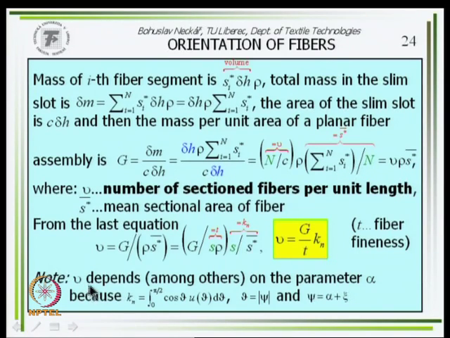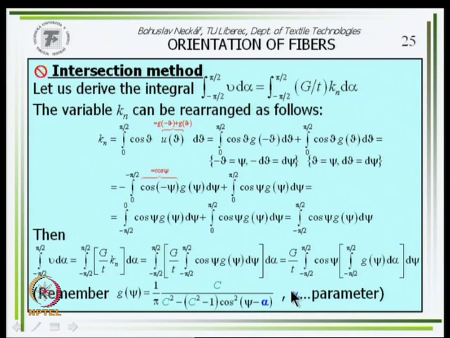The Kn depends, of course, on alpha. It means on the angle in which we cut in relation to the referential angle. Why it is commented here: the intersection method is one method which is possible to use for experimental evaluation of the distribution of fiber directions.